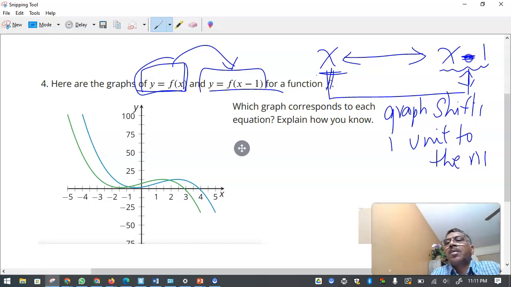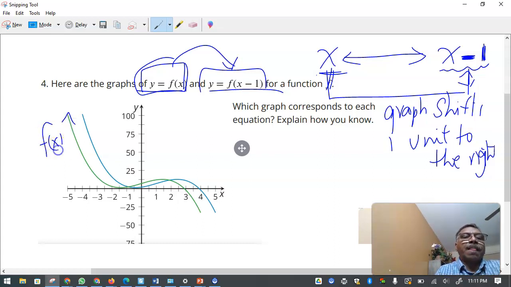So you just make it the opposite. If there's a minus 1, it shifts to the right. That means your f of x is this one. The green color is the f of x, and the blue color is the f of x minus 1.